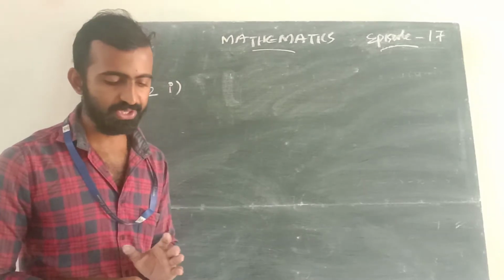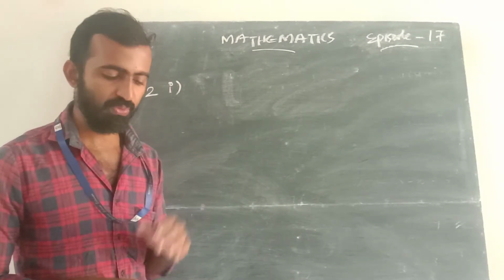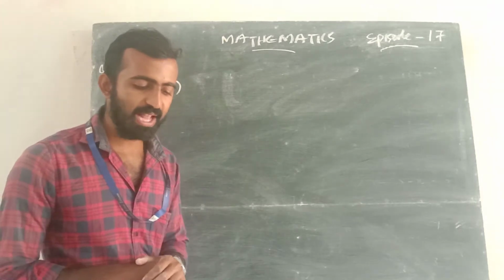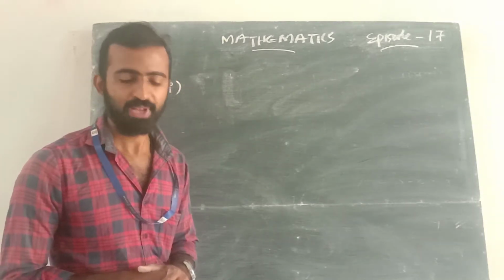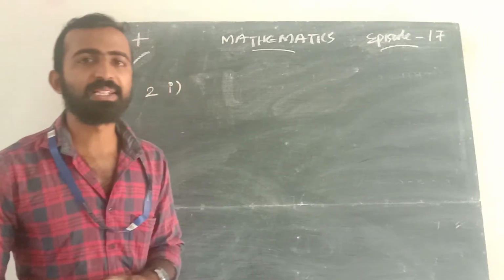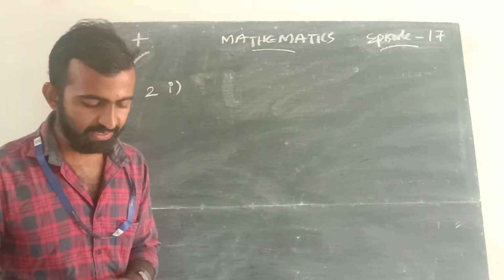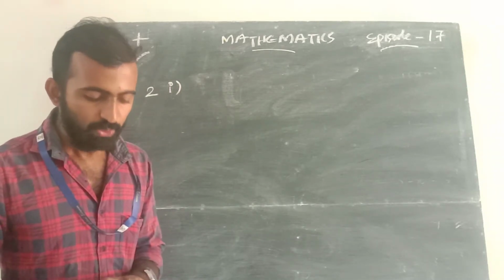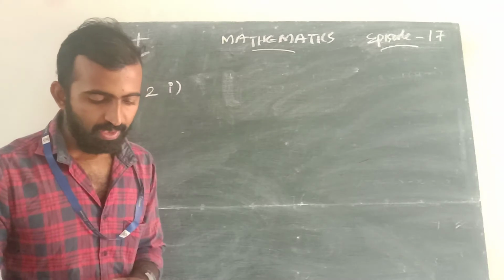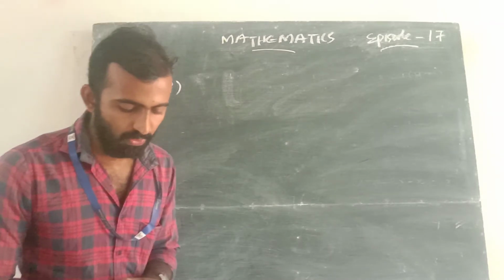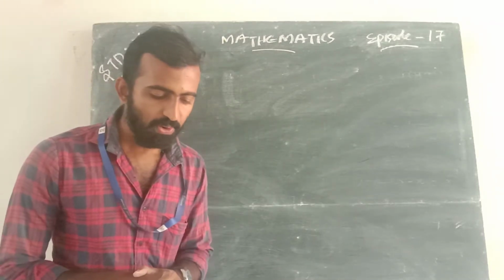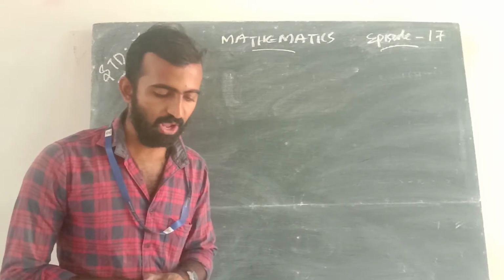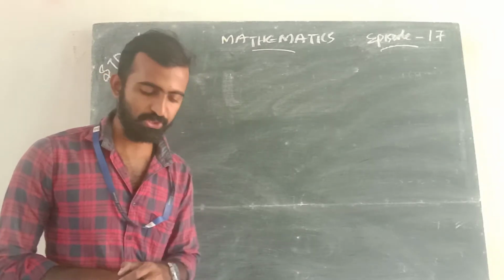I just repeat. 5 years ago, Nuri was thrice as old as Sonu. And 10 years later, Nuri will be twice as old as Sonu. How old are Nuri and Sonu?